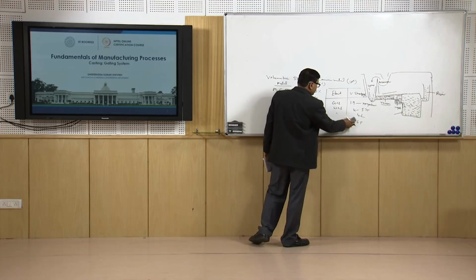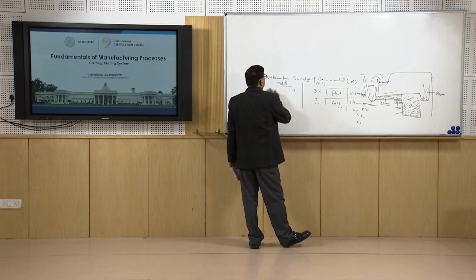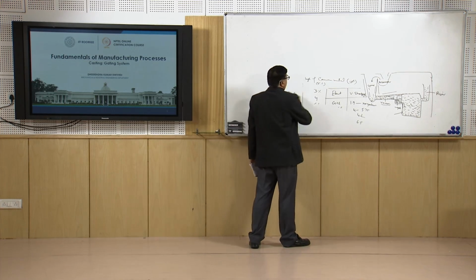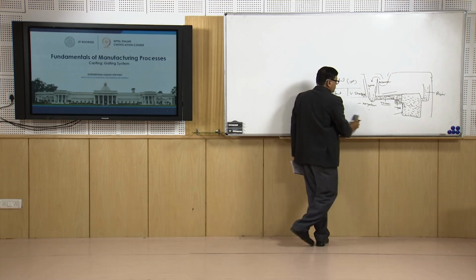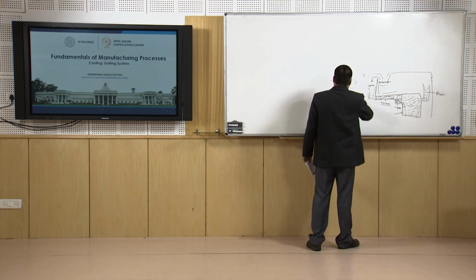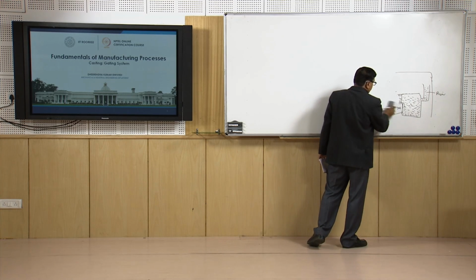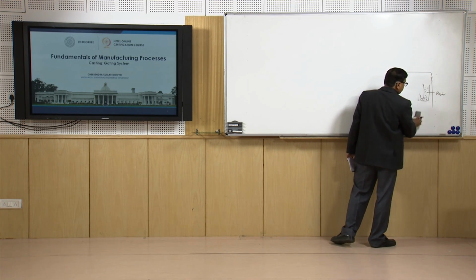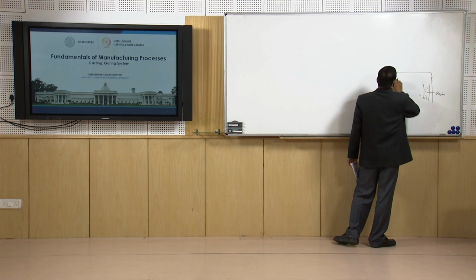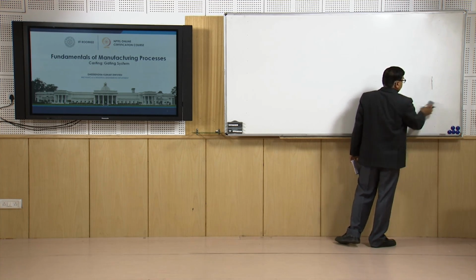So, depending upon the metal to be processed by the casting route, the riser is to be designed properly, so that it can deliver the required molten metal to compensate the shrinkage related with the liquid to solid state transformation.